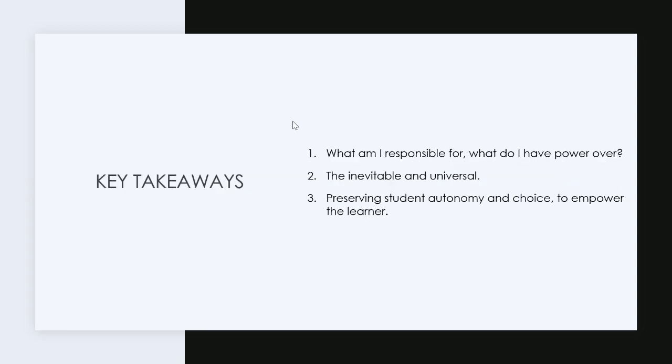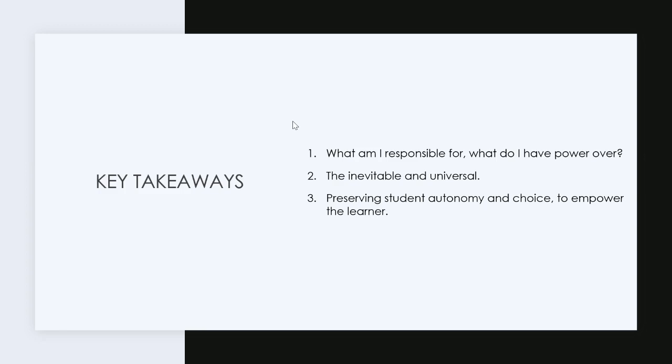So the key takeaways from this that I think are the most important are the what am I responsible for and what do I have power over statements. The idea of the inevitable and universal. So just to repeat that one again, inevitably and universally, it is the student who is responsible for their thinking, behavior, and learning.